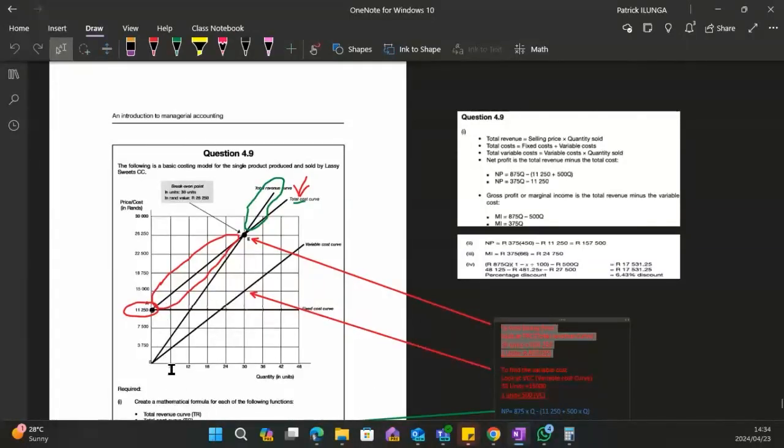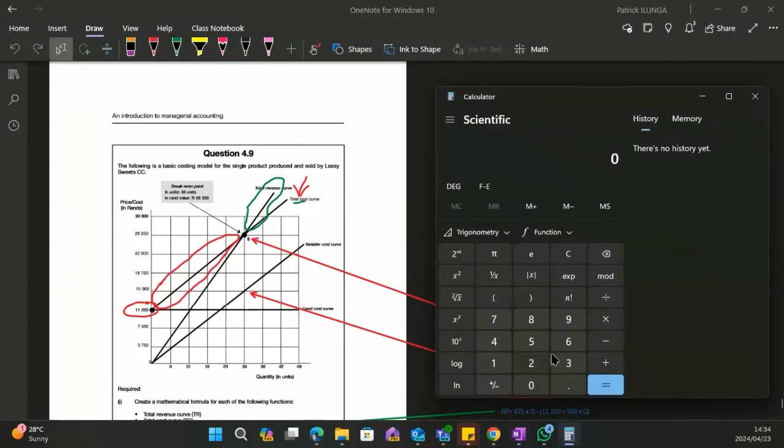Because remember that when we go up and look at the intersection between 6 on the grid and the total 15,000 curve, it's not really reaching 15,000. Yeah, it is a graph.